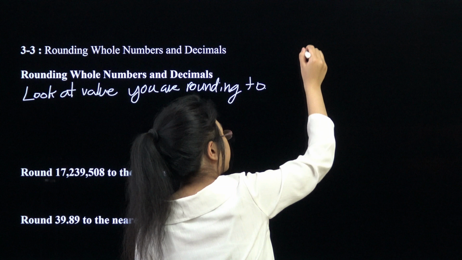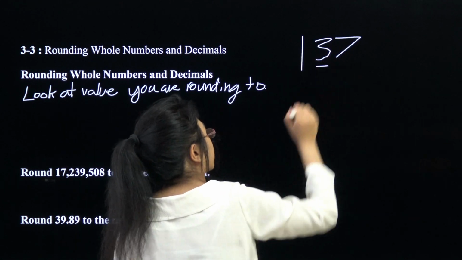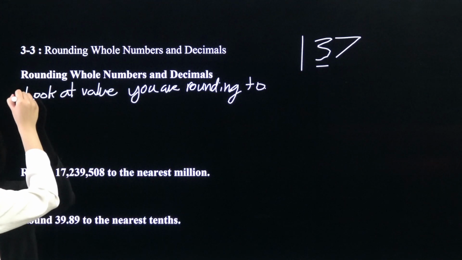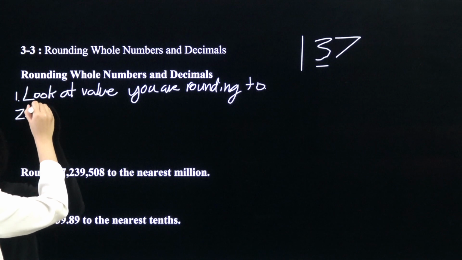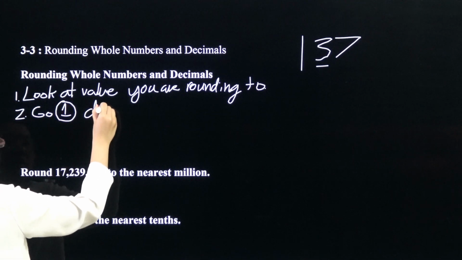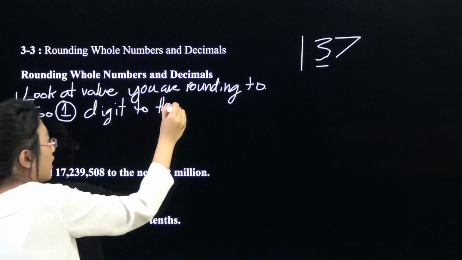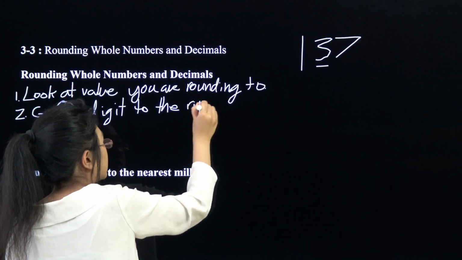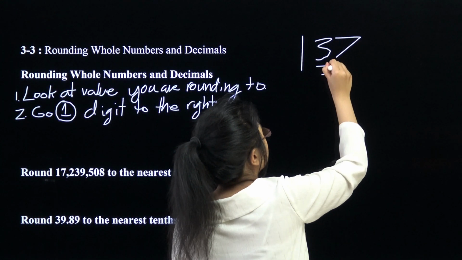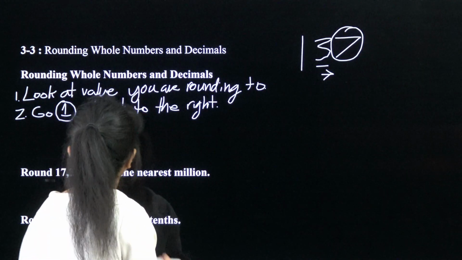Like, say, 137, and you're supposed to round to the tens. So you look at that, and then you go 1 digit to the right. That's the ones place, which is a 7.